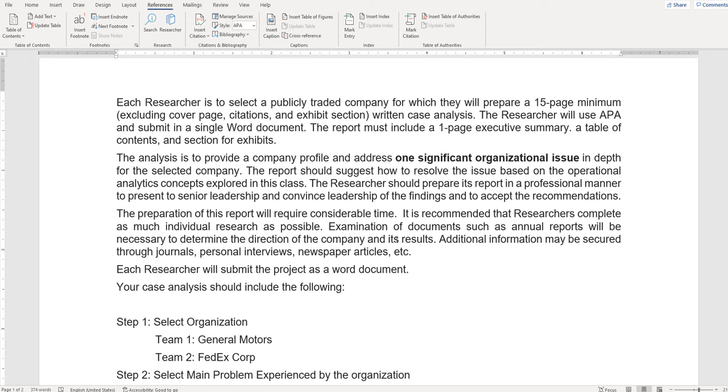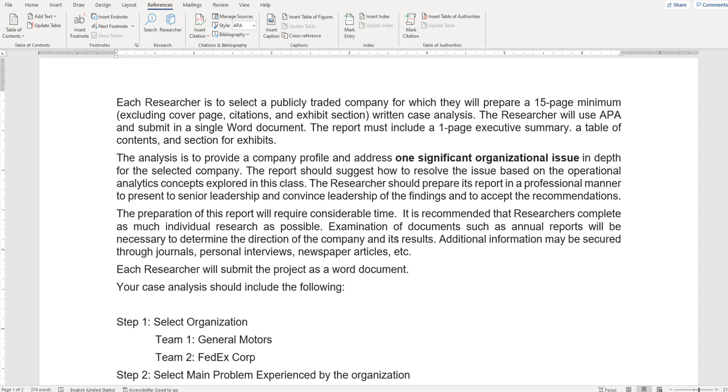After identifying the company, we identify the key problem experienced by the selected organization or the industry and how it can be influencing the organization. If it is an industry-related problem, you should evaluate how it is going to impact the organization, or how it has already impacted it.